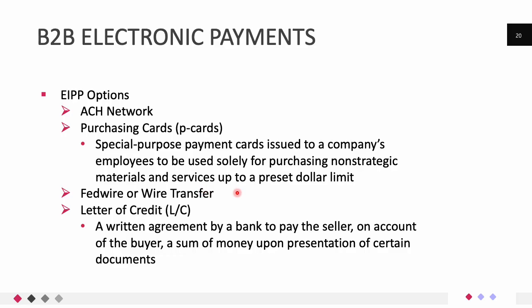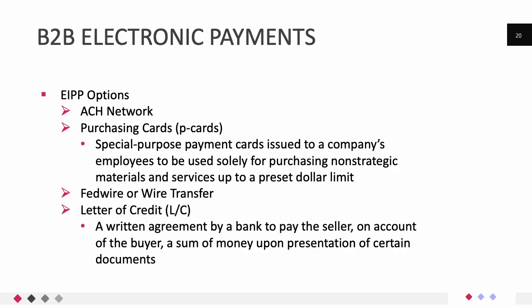And the next is the Fedwire or wire transfer, which is basically the business world's version of sending money instantly. It's like when your parents need to transfer a large amount of money quickly and securely, but for companies, it's often used for big time-sensitive payments. And then finally, there's the letter of credit, which is a more traditional but still very important method.